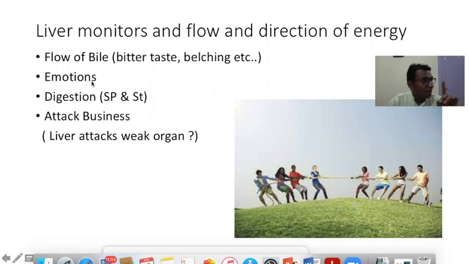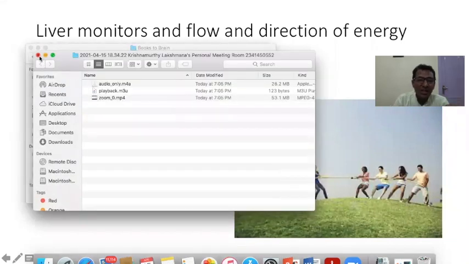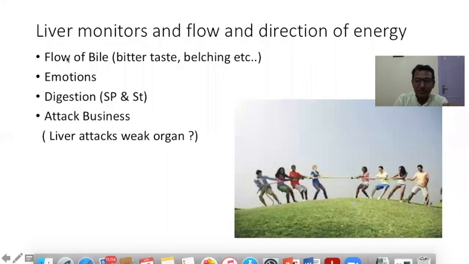The qi, the invisible energy, gets stuck, and over a period of time, the visible energy, which is the blood, also gets stuck in the liver, because the liver processes and holds the blood. Okay. So at that point of time, we treat the liver qi stagnation and also the liver blood stasis. Okay. So this is about the emotions.